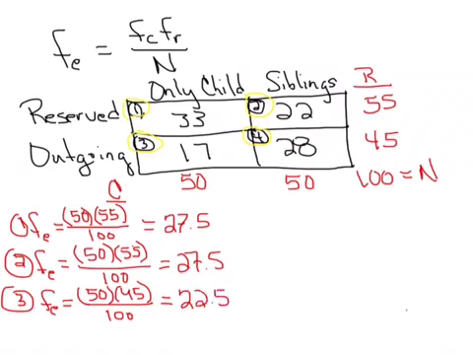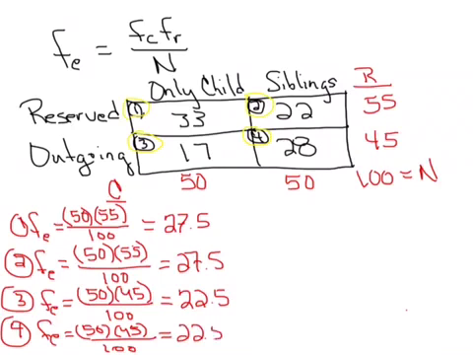Same thing for cell 4. And it's repetitive again because the column marginal and row marginal are the same. So it's 50 times 45 divided by 100 equals 22.5. So now we have all of our expected values to be able to actually calculate our chi-square.